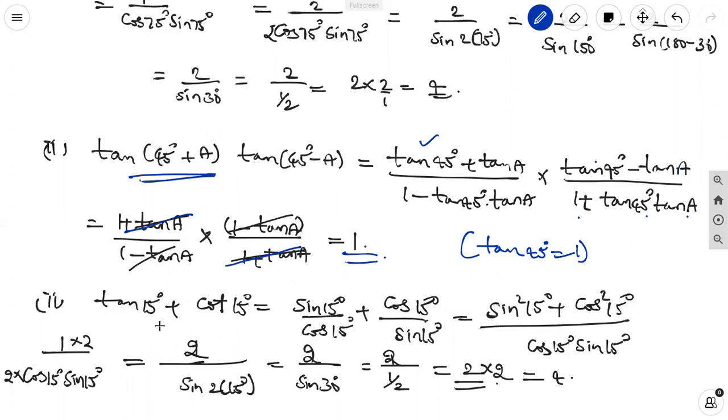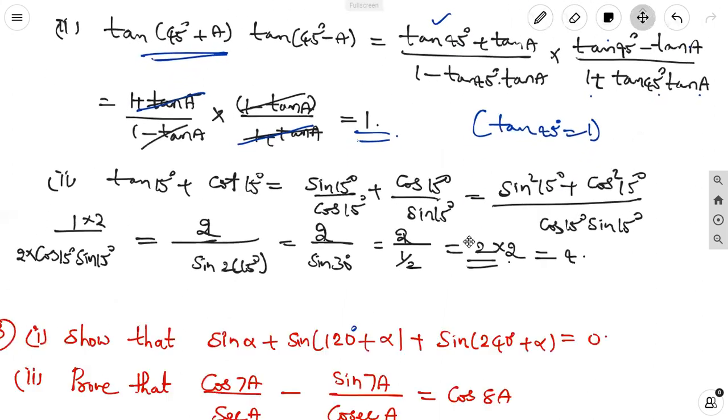The same, third problem is like the first one only. Just here tan of 15 degrees plus cot of 15 degrees means we can write in the ratio of sine and cos, and by taking the LCM, it goes to the identity. And in the denominator, cos 15 sine 15 is there, just it can be converted into the sine 2A form. For that we can multiply with 2 in the numerator and the denominator.